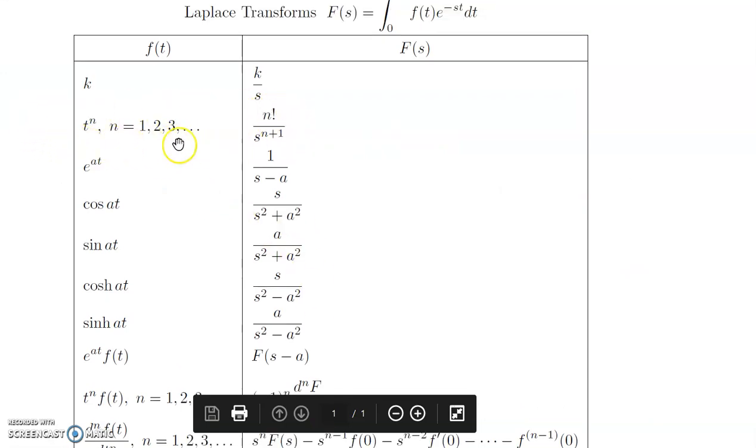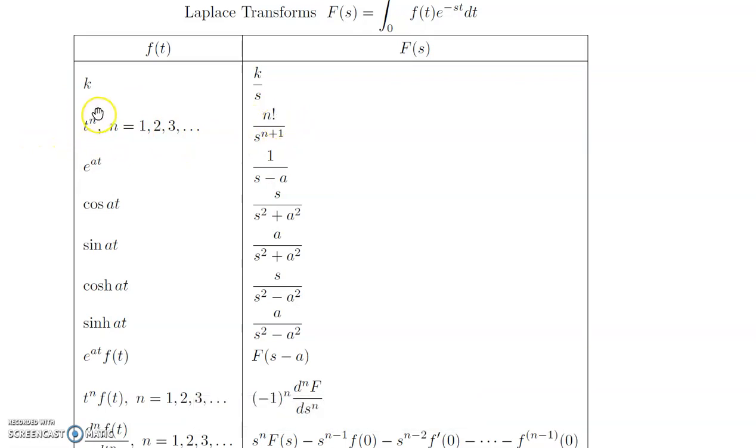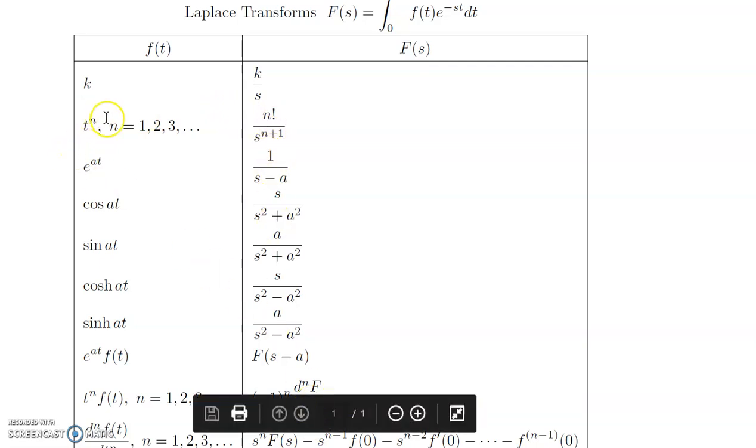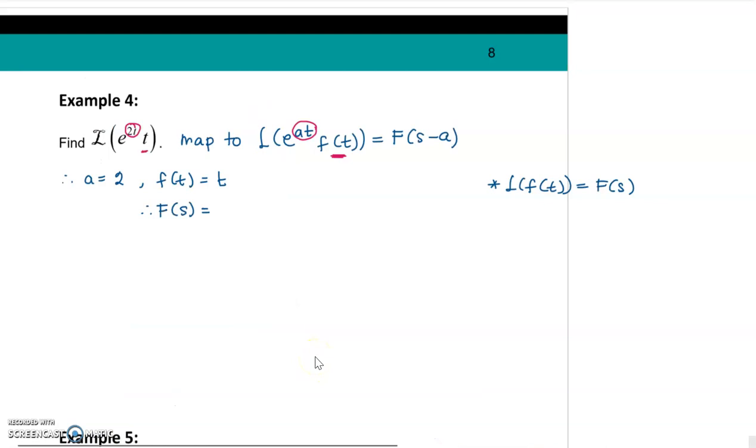The Laplace of t to the power of n is n factorial over s to the n plus 1. In our case, we have t to the power of 1, so our n is 1. So we have 1 factorial, which is 1, over s to the n plus 1, so 1 plus 1, so s squared. So this is our F(s).